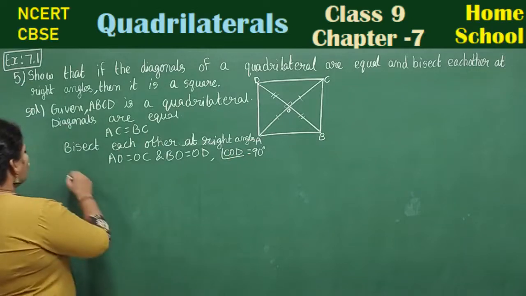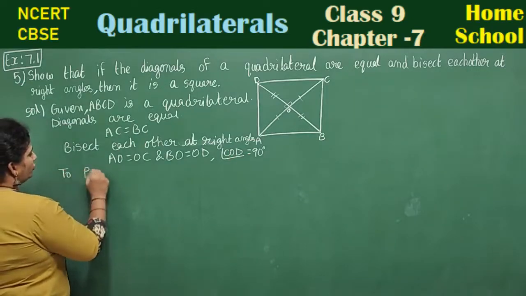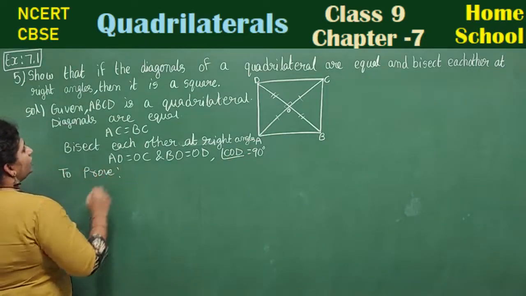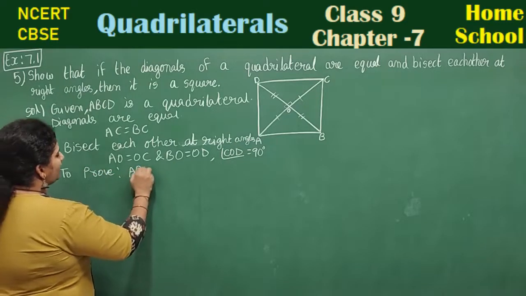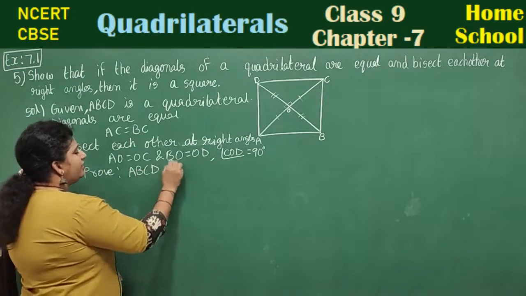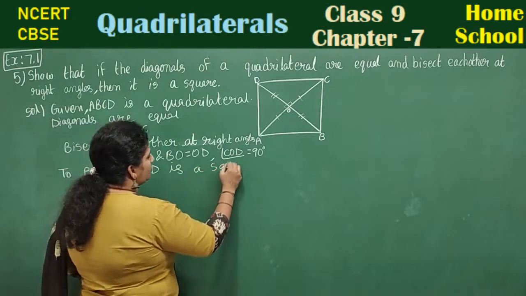Okay. What we need to prove? To prove: quadrilateral ABCD is a square.